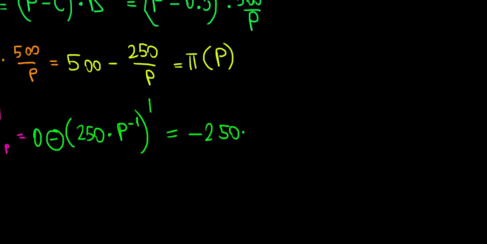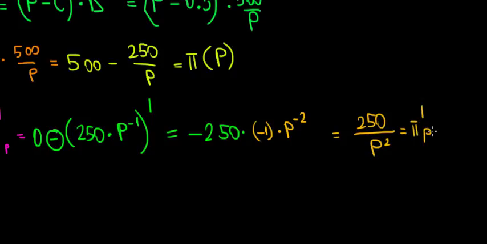Well, we take the power down, and then we have price to the power of minus 2. Minus 1 times minus 250, that's 250, times price to the power of minus 2, or we could write it divided by price squared. Okay, that's our derivative.